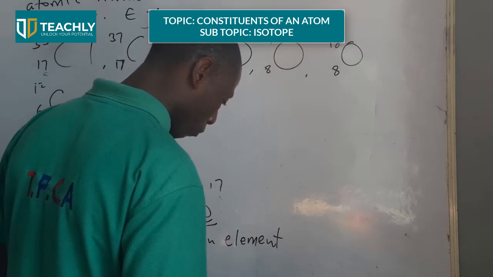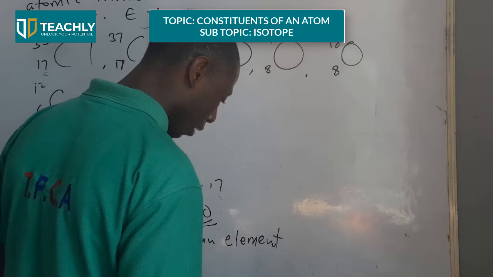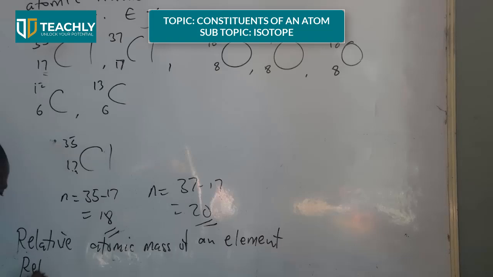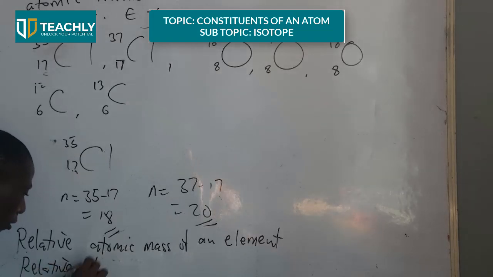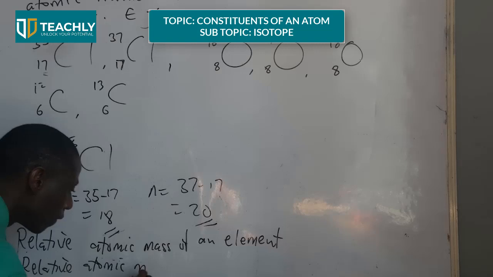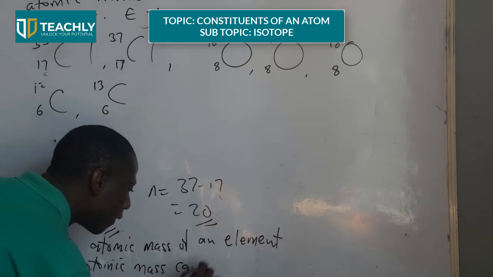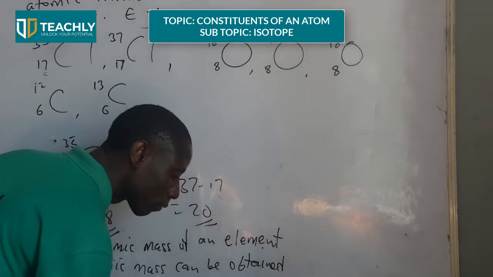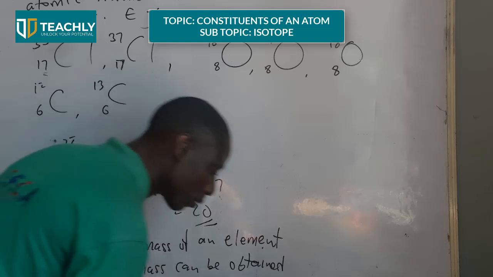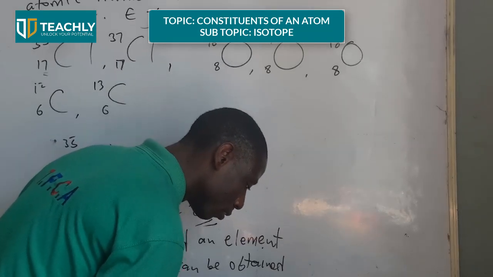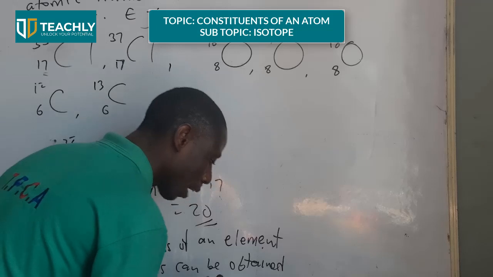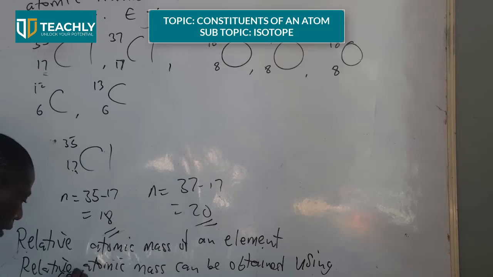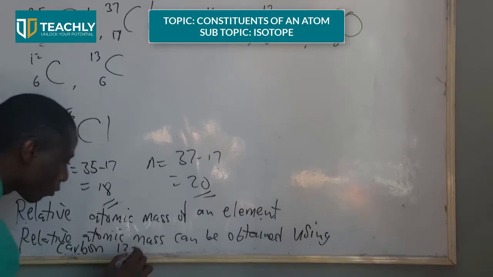To get the relative atomic mass of an element, it can be obtained using the carbon-12 scale.